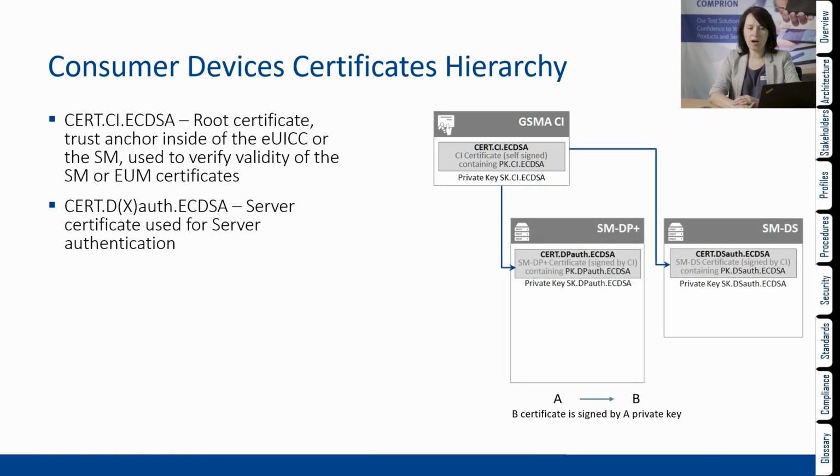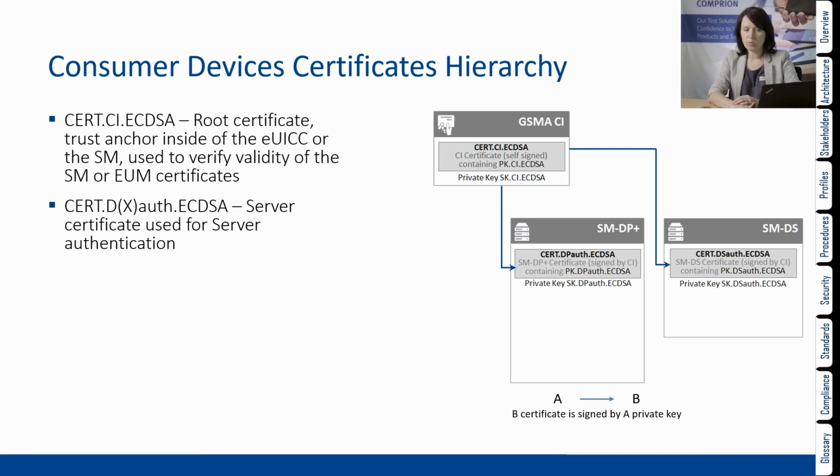The GSMA CI issues the certificates for the SM-DP+ and the SM-DS. So these certificates are used for the authentication. They are called certificate DP auth ECDSA, or the DS auth ECDSA. This is the server certificate used for the authentication.